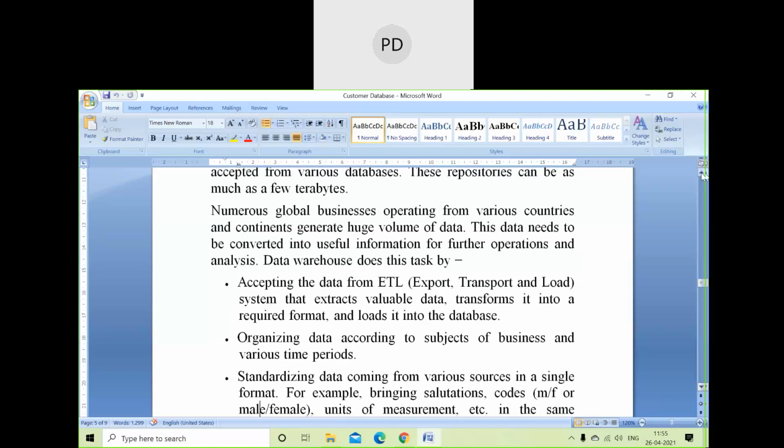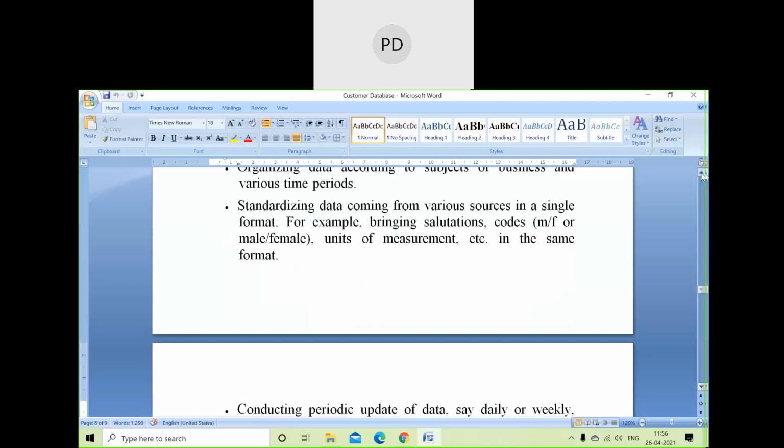Another function is organizing data according to the subjects of business and various time periods. The most important thing is organizing the data in a way that can be used for useful information. If you are not organizing the data properly, there is no way you can go for analysis or reporting. Next is standardizing data coming from various sources.